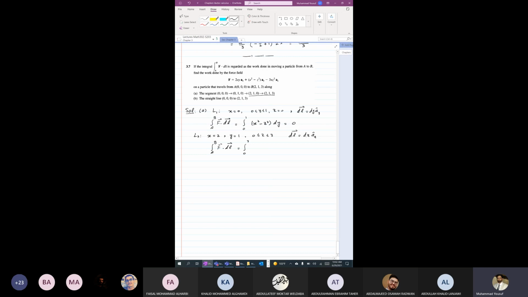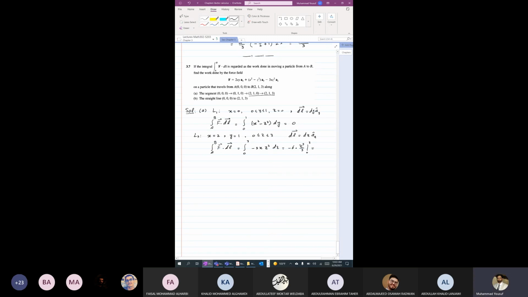When we take the dot product of F and dl, we get negative 3x z squared dz. Now x is equal to 2, so negative 6 is outside. Then z squared integrates to z cubed over 3 from 0 to 3.